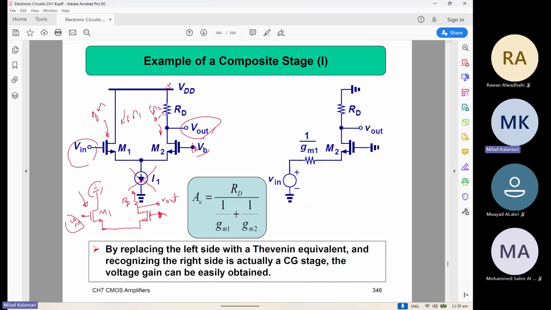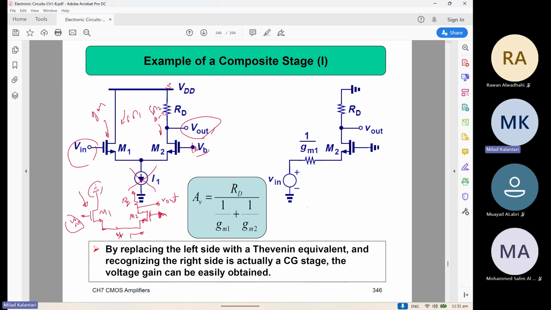But how can we calculate the gain from V in to Vx, let's say this node is Vx? It is a source follower, so we need to know the impedance seen from this side. The impedance seen from the source of M2 is like a common gate device, because the input is at the source, the gate is grounded, and the output is at the drain.